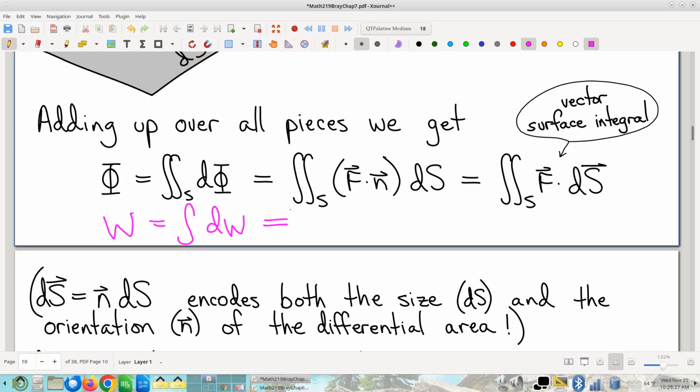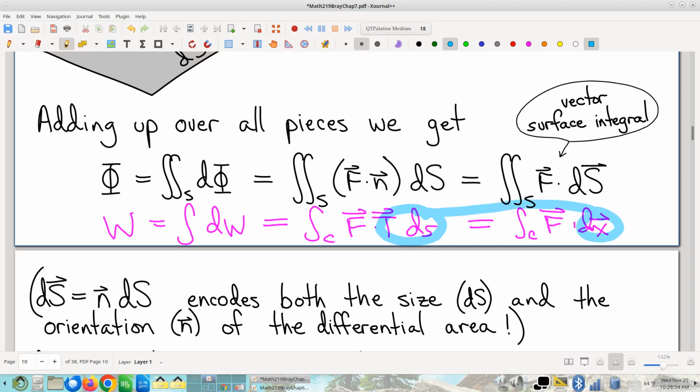It doesn't really mean much mathematically. But we have a formula that gives us this. And we had a different formula for work that was this. And recall, it made sense at the time to lump these together as the dx vector.